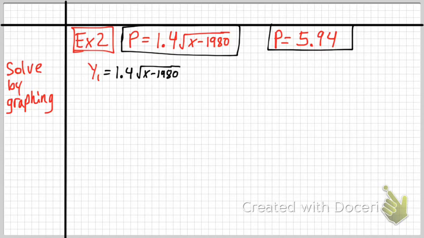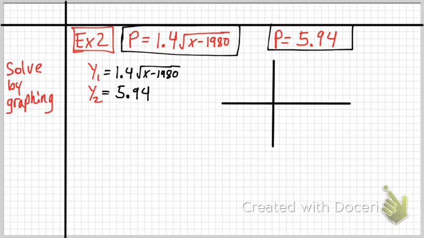and then for my y2, I can input my intersecting line, p is equal to 5.94. Alright, so when we graph this, you'll have to change your window a little bit, maybe zoom fit will be helpful here.